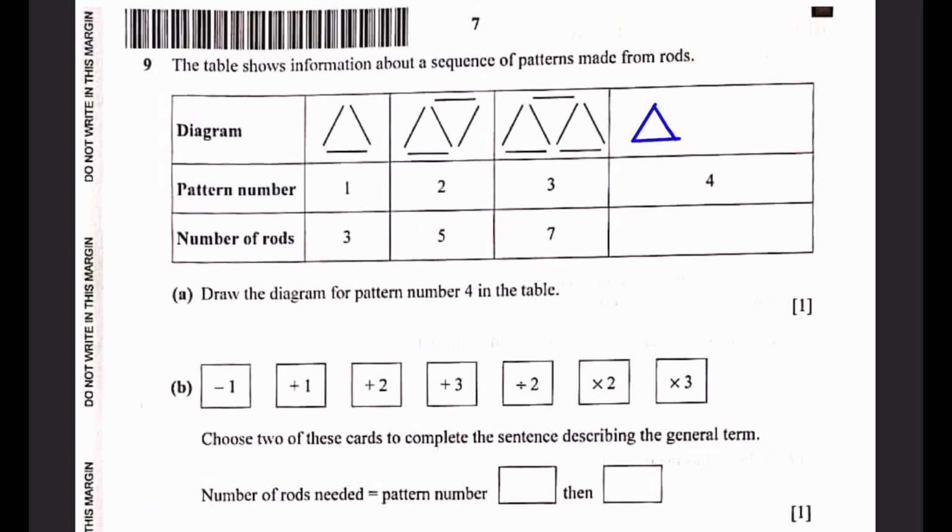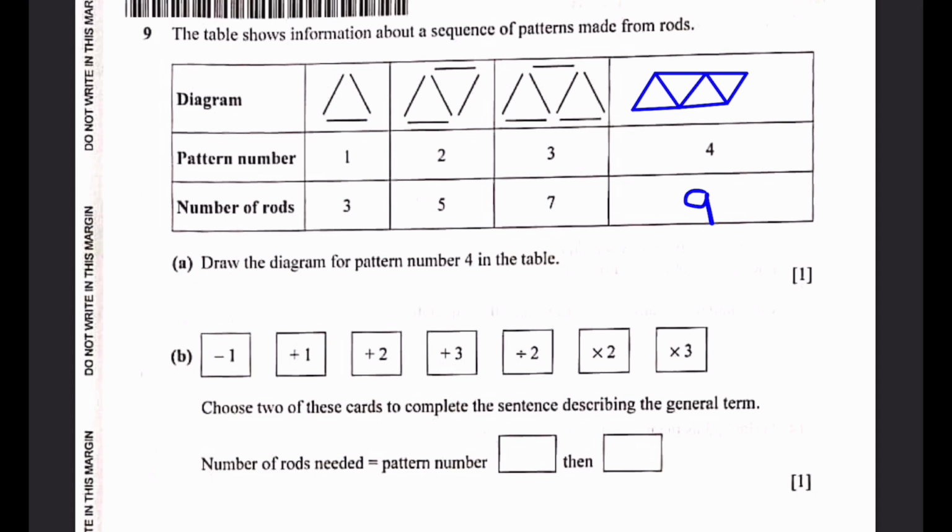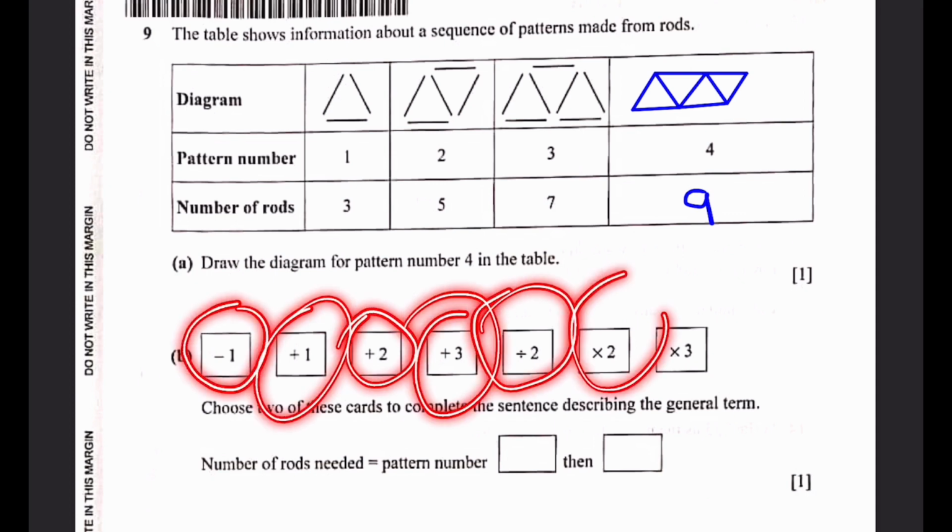A triangle, and number 4, number 5, number 6, number 7, number 8, number 9. These are 9 rods.